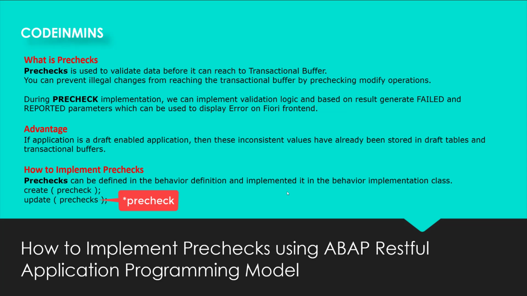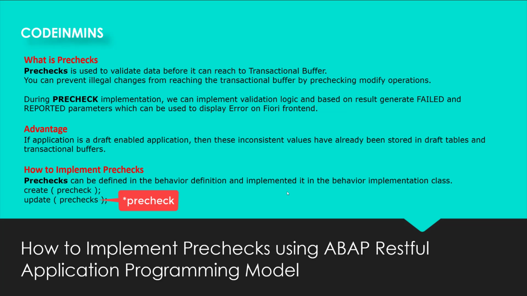For example, if you have a field whose value is dependent on another field on the screen, as soon as you change the value in one field, it should validate the value of the other field so that the data we send to the backend remains in a consistent state.